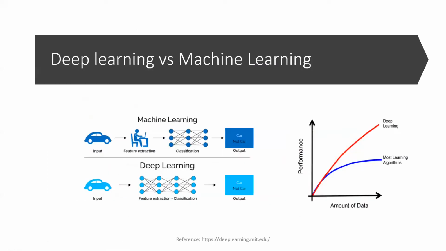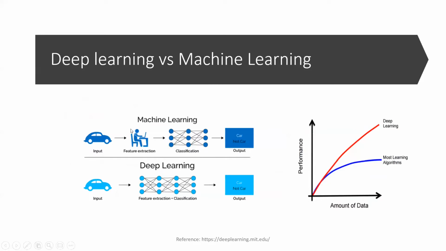So why deep learning? Deep learning was introduced because they wanted to get rid of human beings when it comes to either classification or regression.